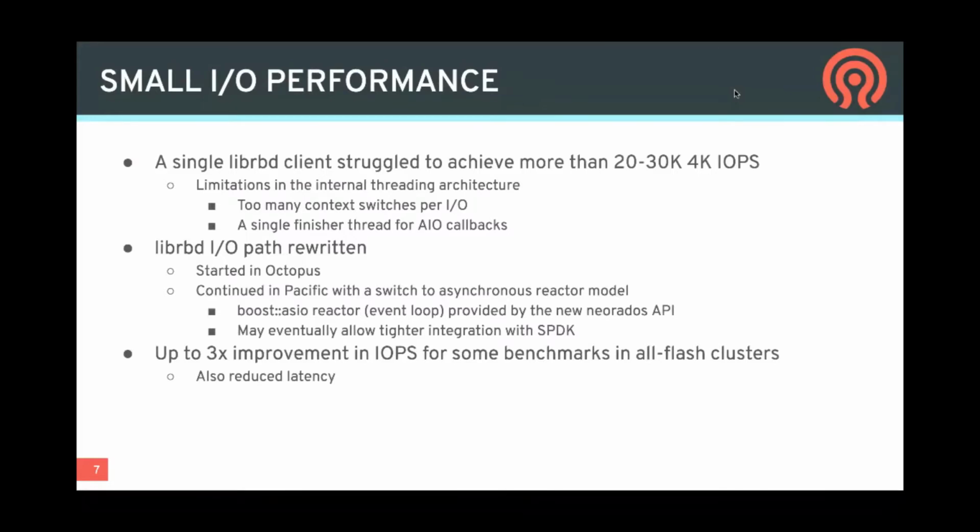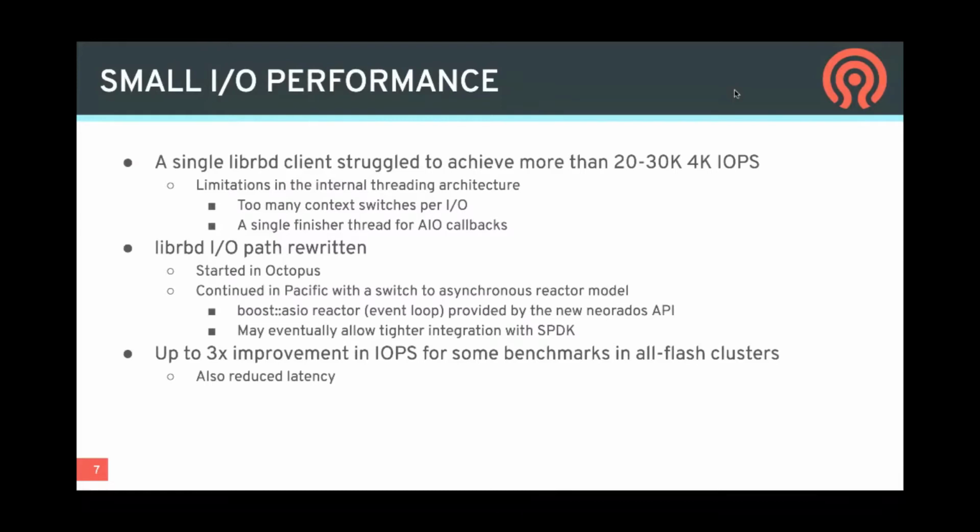There were several context switches per I/O, and that is not counting the actual processing on the OSD, and that really matters at flash speeds. A single so-called finisher thread handling the callback queue in librados did not help matters either.